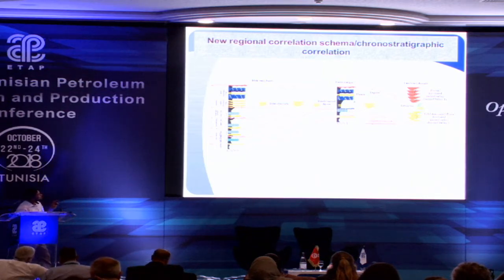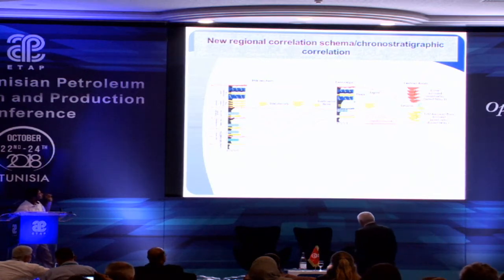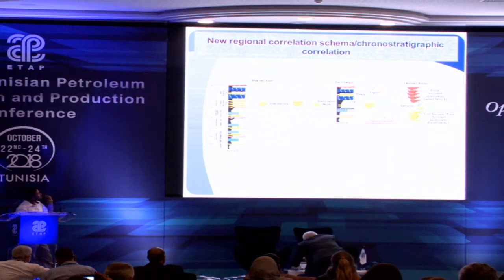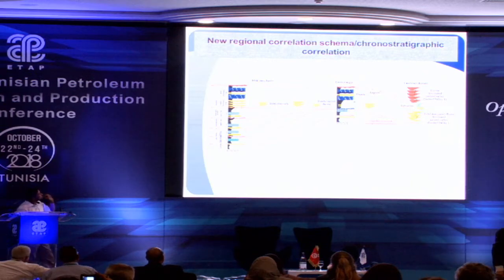We remark that in the Bohedma section, the first massive sandstone is correlated with the dolomitic sandstone recorded in the Jebel Lerwi section. So this event represents the first siliciclastic input that reached the Meknessy basin.